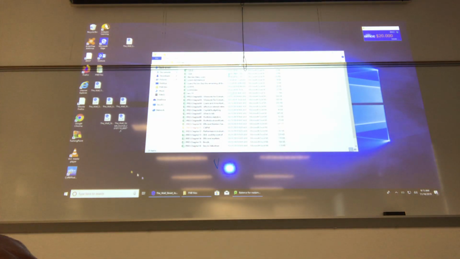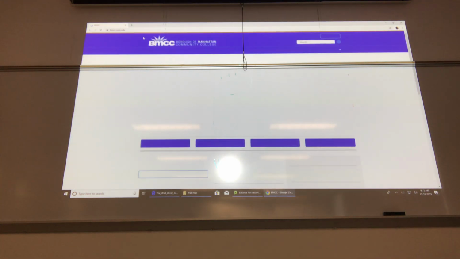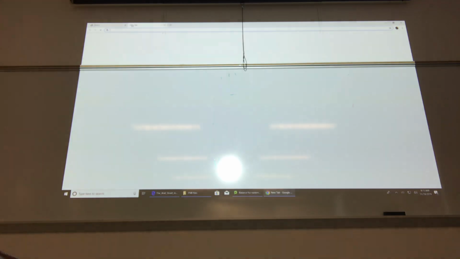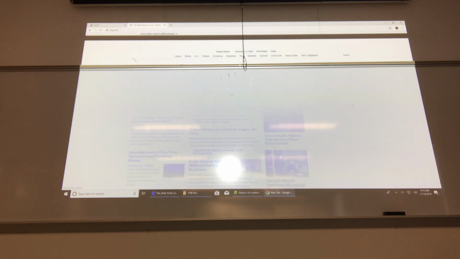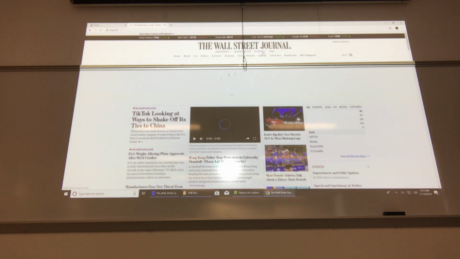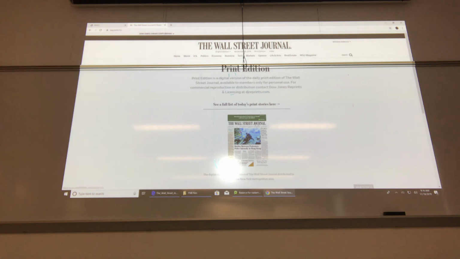I think I hit something and I got out of the part that I had. Printed version.